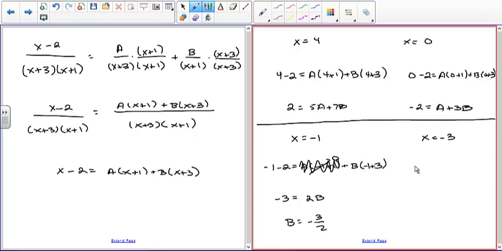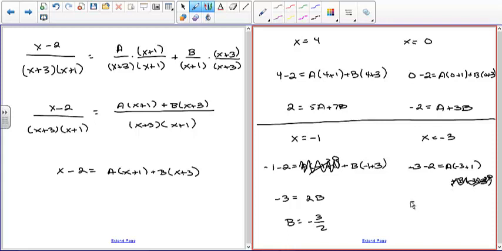You can do the same thing here. So again, I put negative 3 in for x into the expression. Negative 3 minus 2 is equal to a times negative 3 plus 1 plus b times negative 3 plus 3. And you can see that goes to 0, so the whole thing goes out.